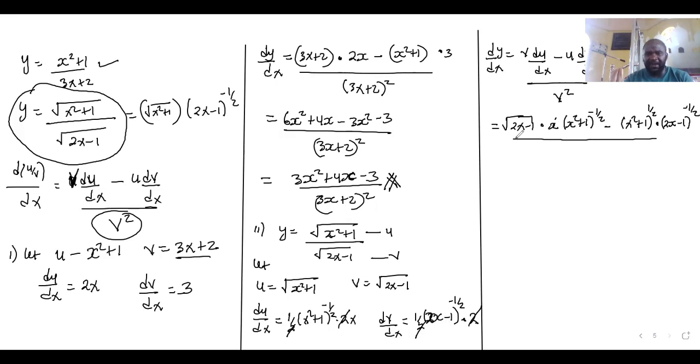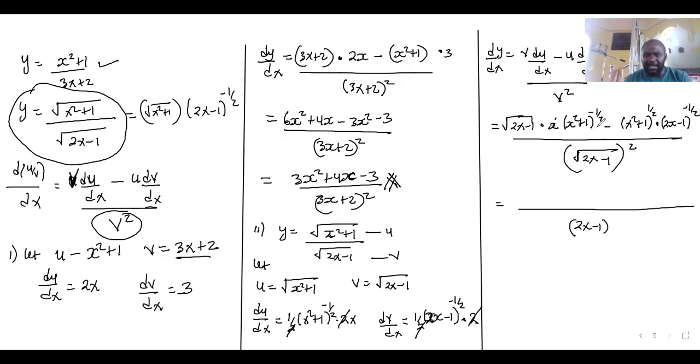And all this is divided by v squared. V is root of 2x minus 1, but the whole of it has been squared. With time, when you practice, you don't need to write that statement, you just write only the inside term. So the inside term becomes 2x minus 1 after squaring.